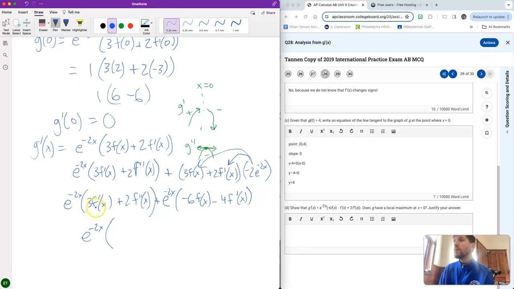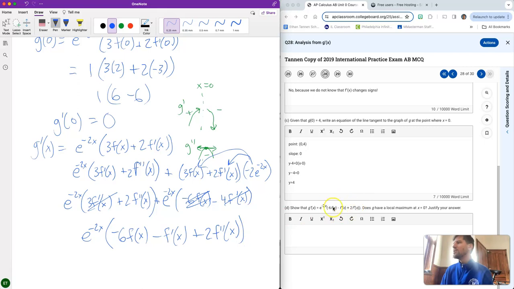Let me do my f of x's first. There's only one set of f of x's. Cross it out. Now let's do my f primes. 3 minus 4 is just minus 1 f prime of x. Cross those out. And then I only have one set of terms of f double prime of x.